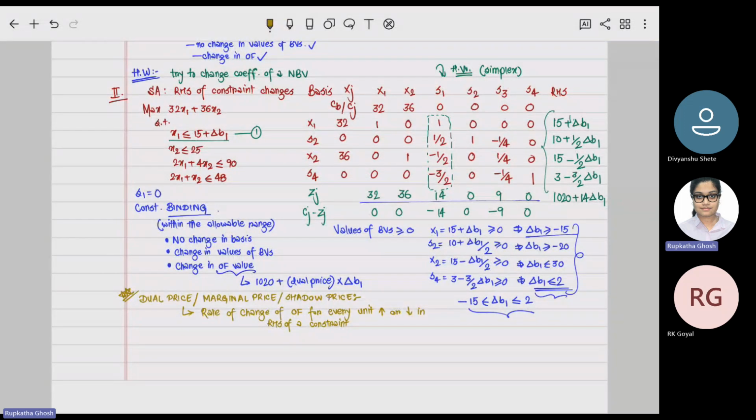Now, one thing that you know is that non-binding constraints, non-basic variables, right? They do not really contribute to your objective function value. So can you tell me what will be the dual price of a non-binding constraint?